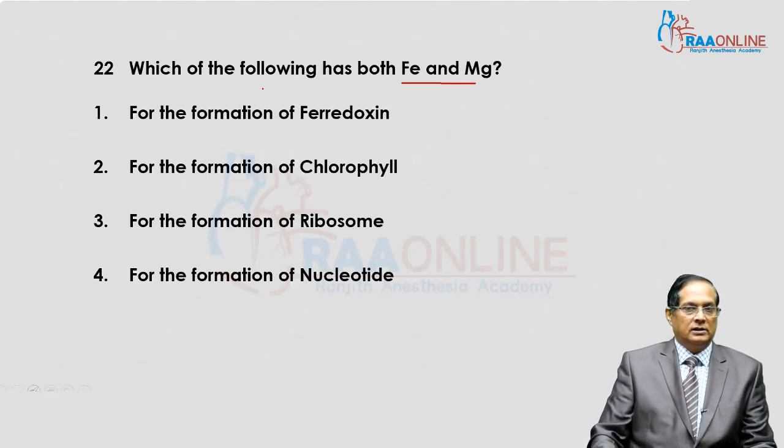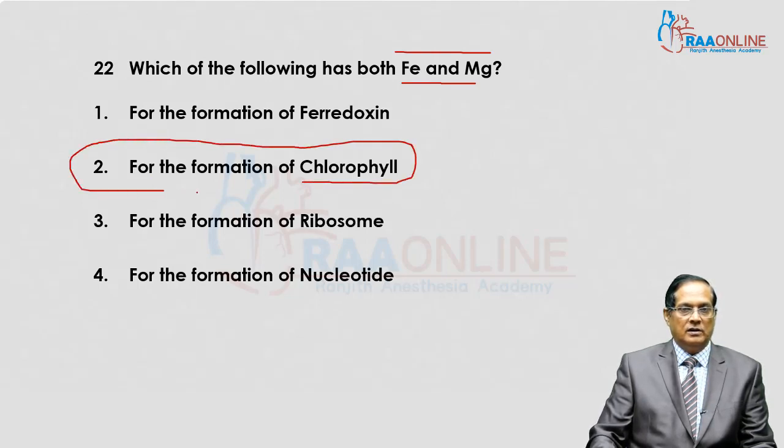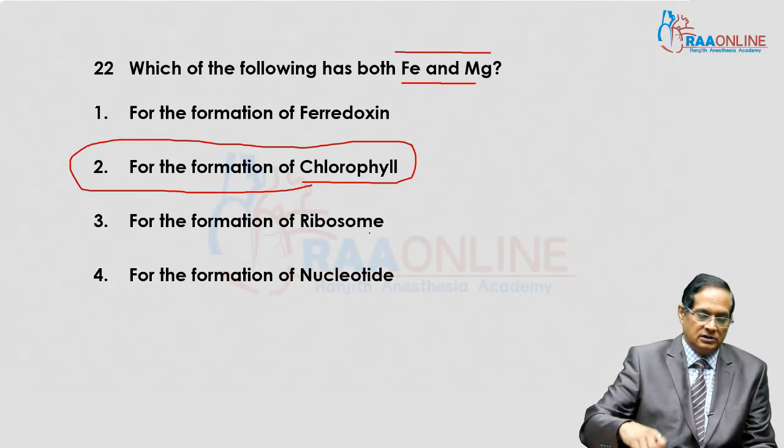Question 22. Iron and magnesium are needed for the formation of chlorophyll.